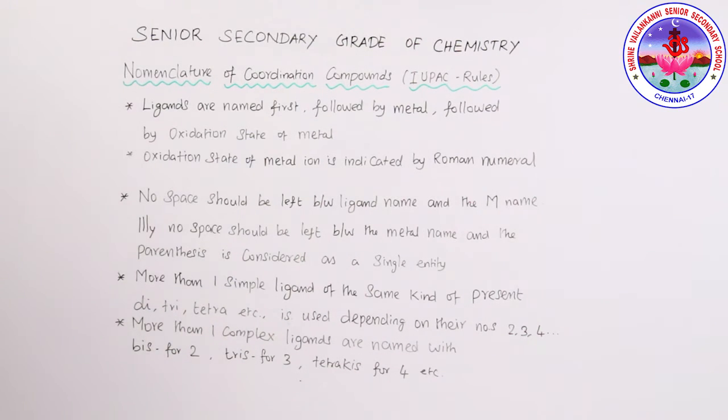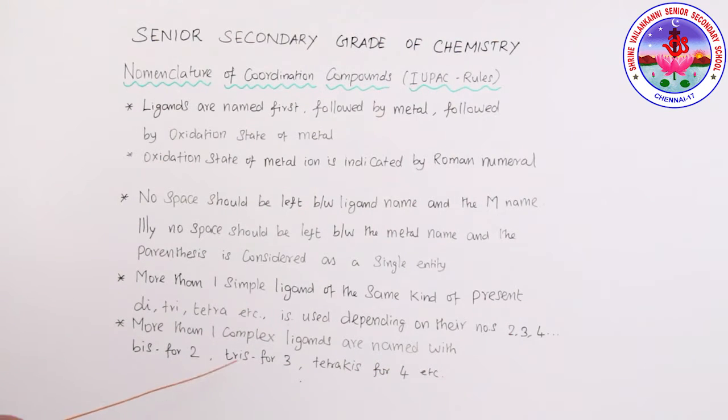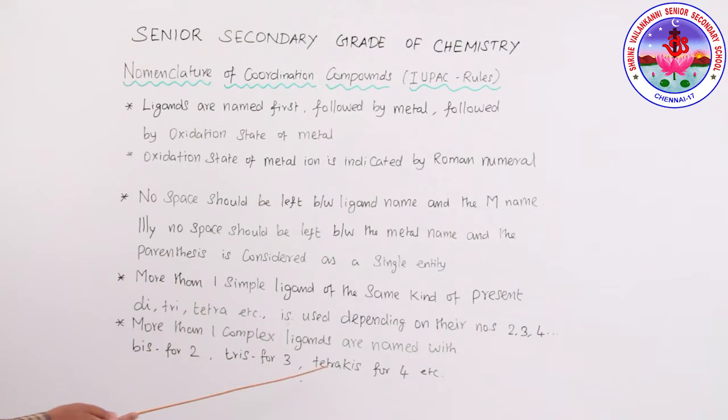Then more than one complex ligand is named with bis for 2, tris for 3, tetrakis for 4, pentakis for 5. And usually, when more than one kind of ligand is present, their names are written in alphabetical order.